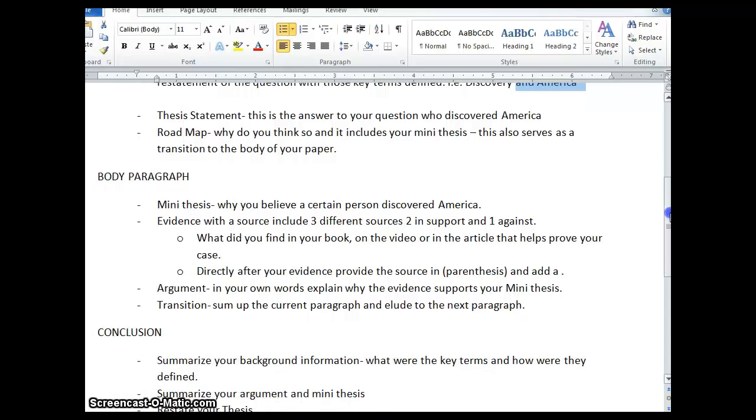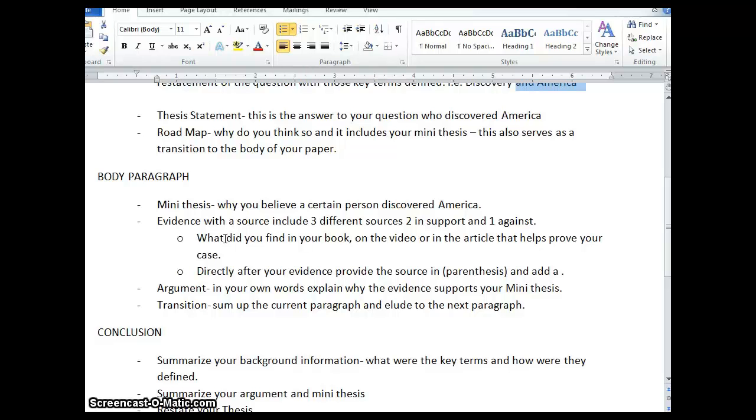Now the idea here is that whenever you write these papers, your rubric says that you need to entertain the opposing viewpoint. So by doing the opposing viewpoint, you're going to discredit people who might argue against you, and we'll walk through this in class, but very simply, you might say, Columbus was the first to discover America because after Columbus, history is forever changed throughout the world.